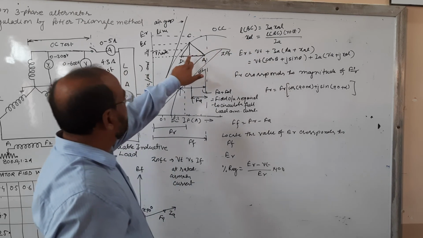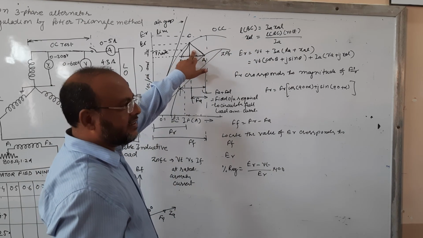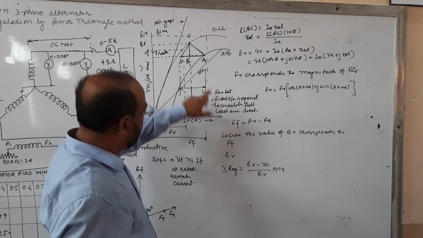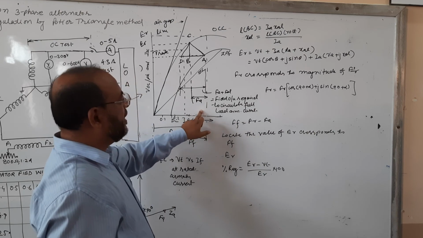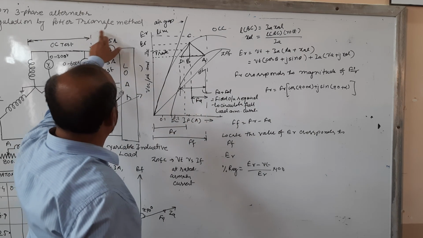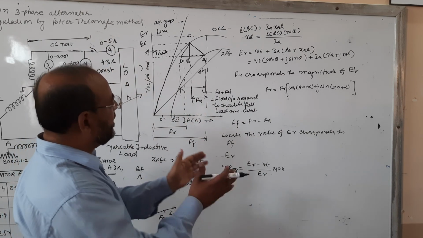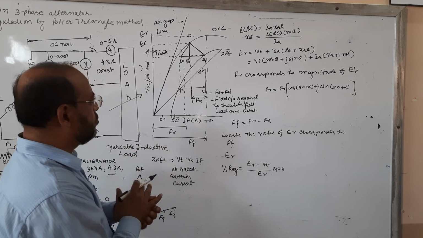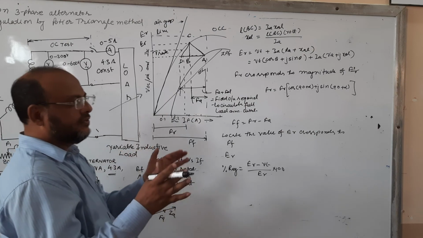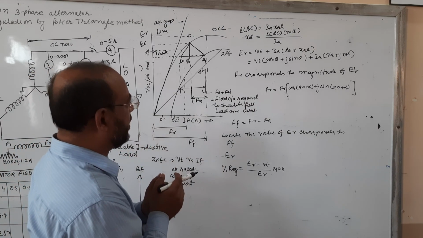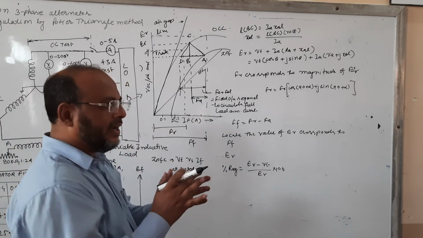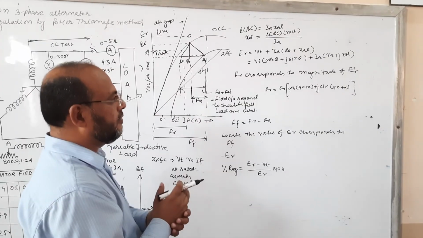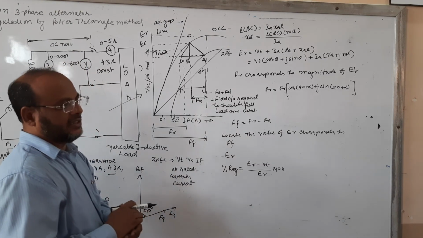But here we can calculate it, and the result found by the ZPF method or the Potier triangle method is very near to the MMF method. When two methods give near values, that will be the correct value, and the regulation found by the impedance method is always greater than the actual value, therefore it is called pessimistic.